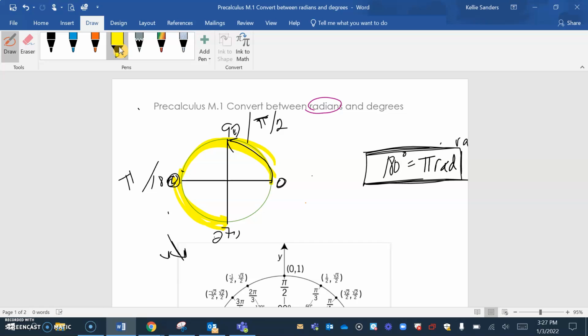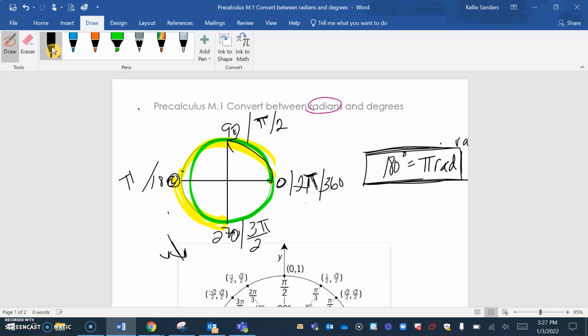So what's 1 and a half? 1.5. And what's 1.5? 3 over 2 pi. And then if I finish the circle, that's the same thing as 2 pi, which is the same thing as 360. Okay?